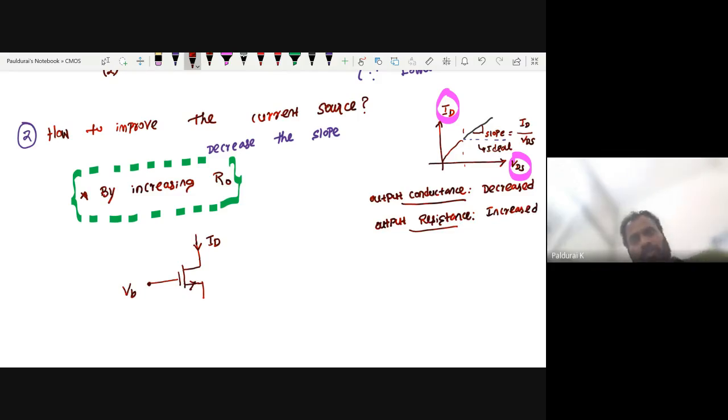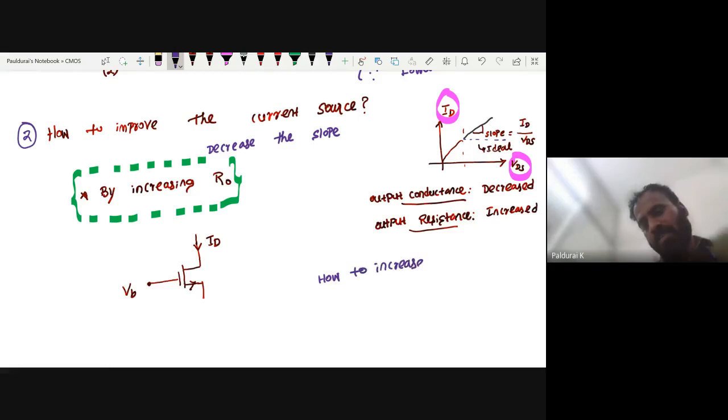So I want to improve the current source, nothing but I want to increase the output resistance. Now my question: how to increase it? We discussed five different variants, right? Five variants in common source stage, CS stage.